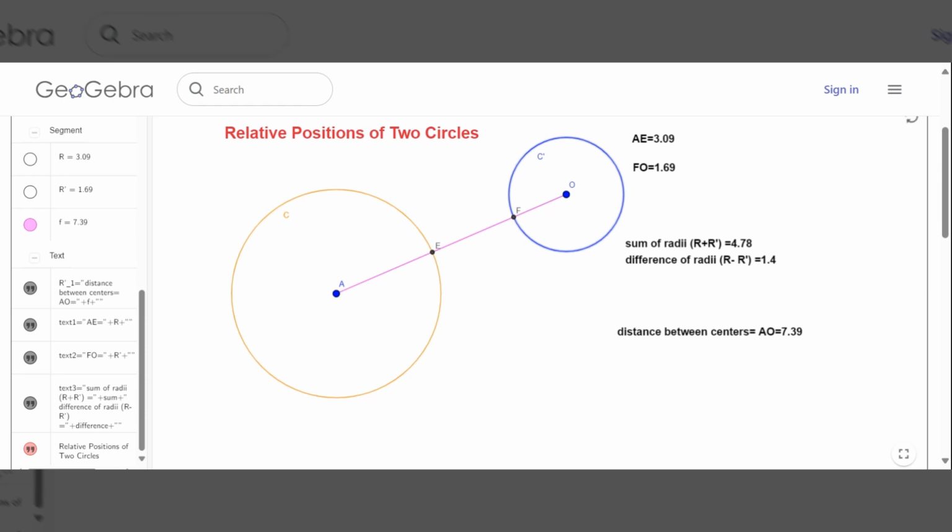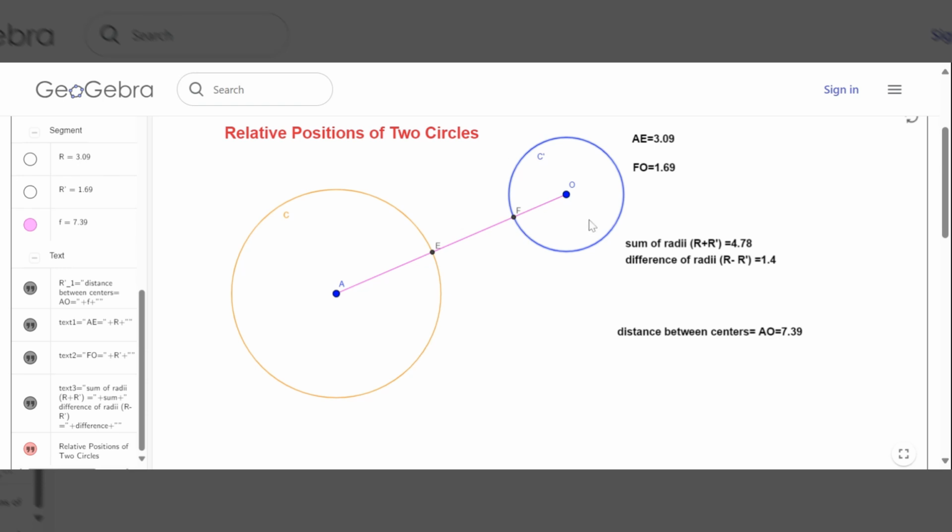So we conclude that if these two circles are externally disjoint, they are far away from each other, so the distance between the centers will be greater than the sum of the radii.